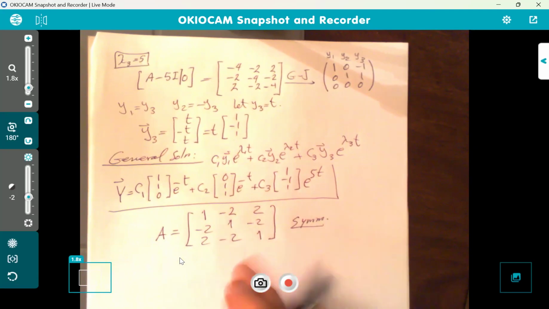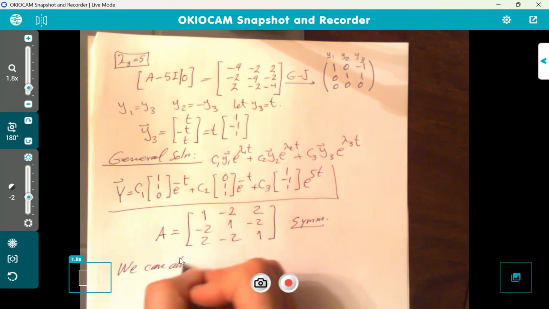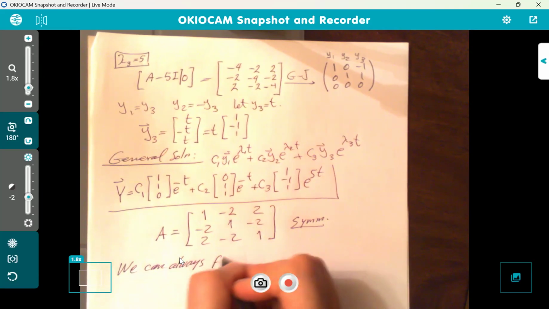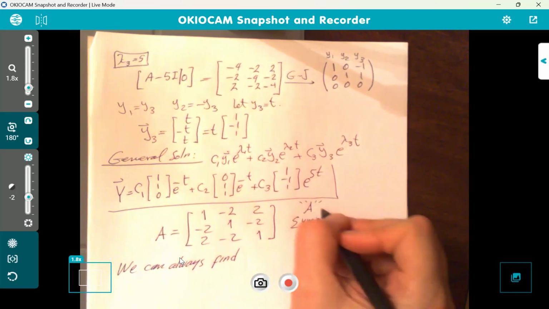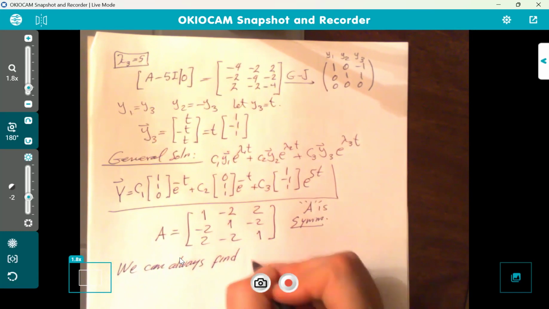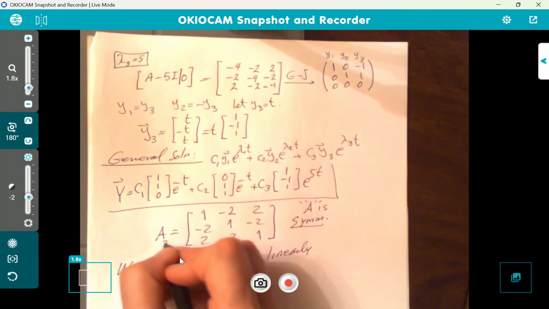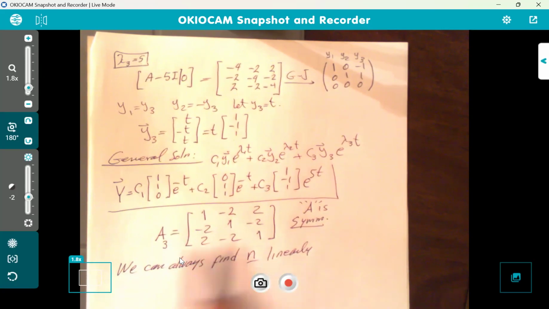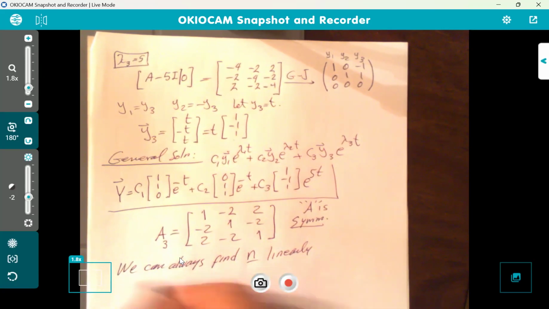We can always find, if A is symmetric, n linearly independent eigenvectors, and n was 3 here. Remember, it's a square matrix of order 3.